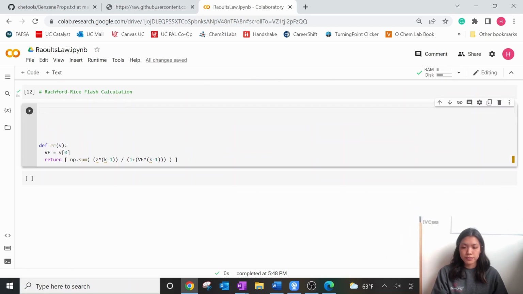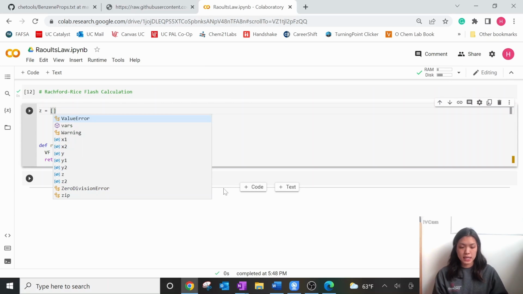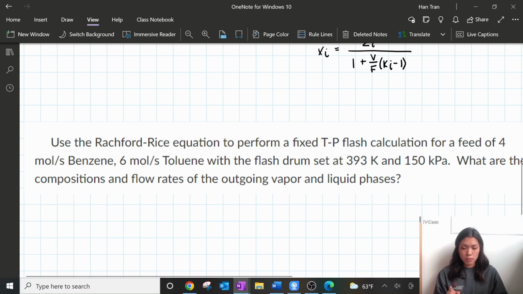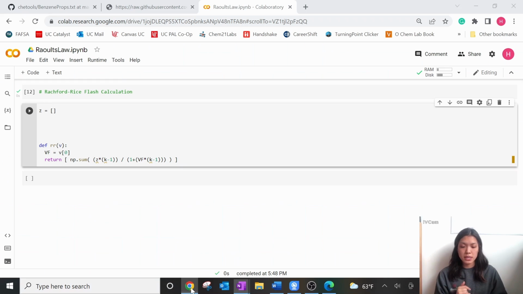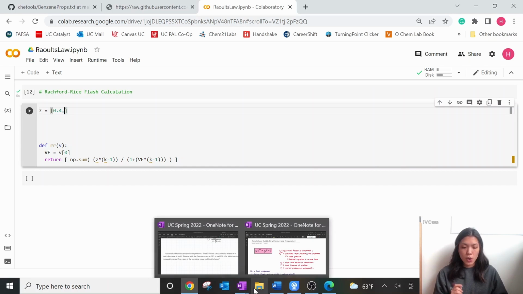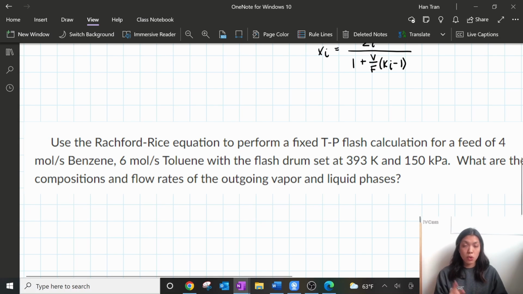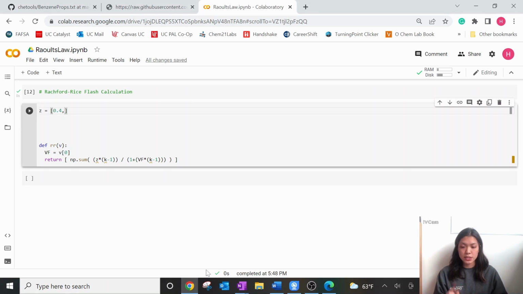And so we're going to, again, create an array because we have two mole fractions. And the first one we have is benzene, and so we have 4 moles per second out of 10. So 4 divided by 10 is 0.4. That is benzene. And then toluene, we have 6 moles. 6 divided by the total 10 is 0.6.